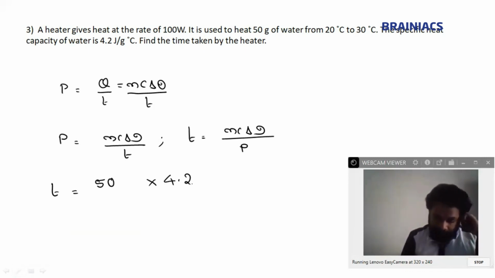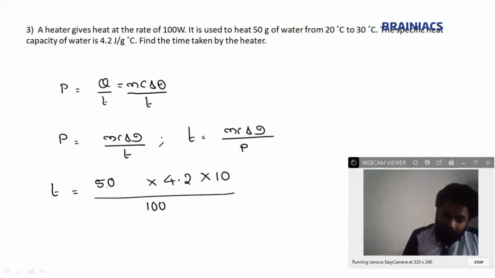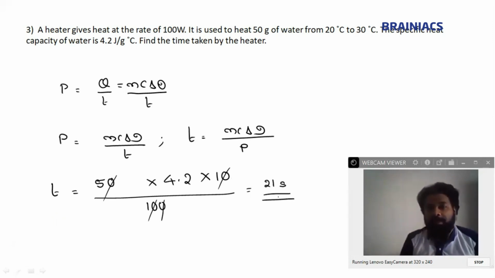So 50 into 4.2 into delta theta is 10, divide by P is 100. This 10 can be cancelled off, and 50 can be cancelled off. So 4.2 into 5, we will be getting here 21 seconds. So this much time will be taken to change the temperature from 20 degrees Celsius to 30 degrees Celsius.